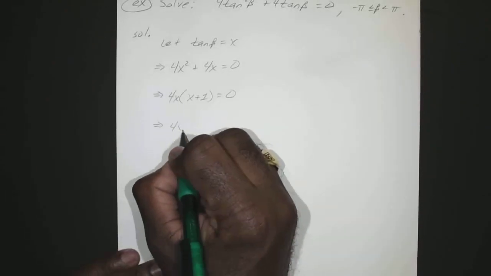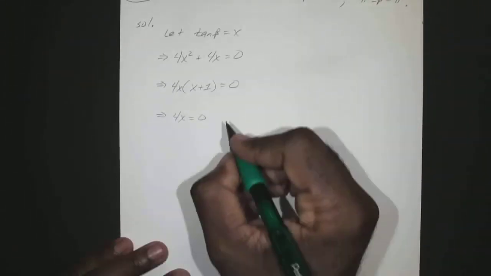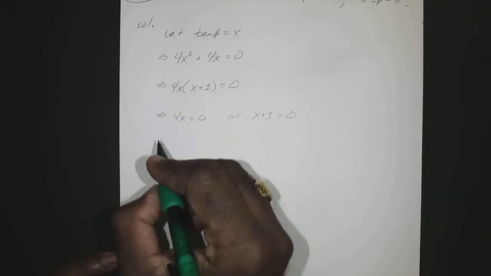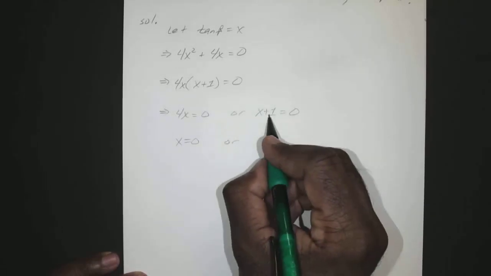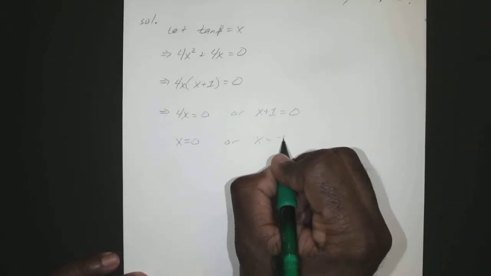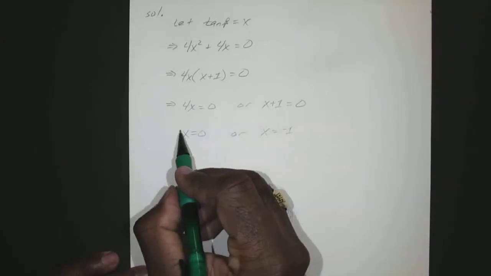Okay, which means you have 4x equals 0, or x plus 1 equals 0. Okay, so we divide both sides by 4 here. x can equal 0. Subtract 1 from both sides. x can equal negative 1.